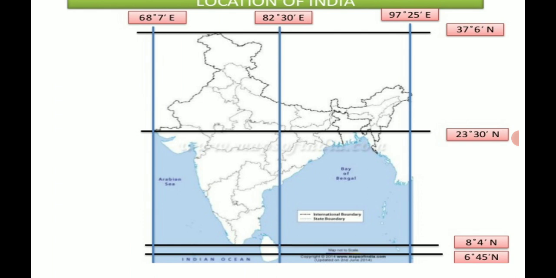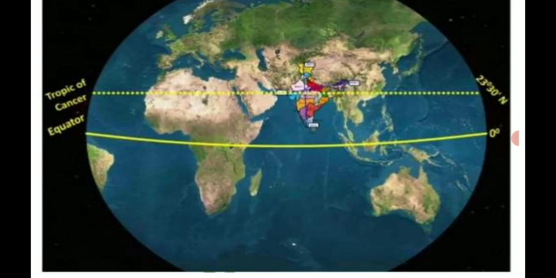Now, coming to the Tropic of Cancer, it is 23 degree 30 minutes north. It divides the country into 2 equal parts. Our country also has islands, that is the Andaman, Nicobar and Lakshadweep Islands.